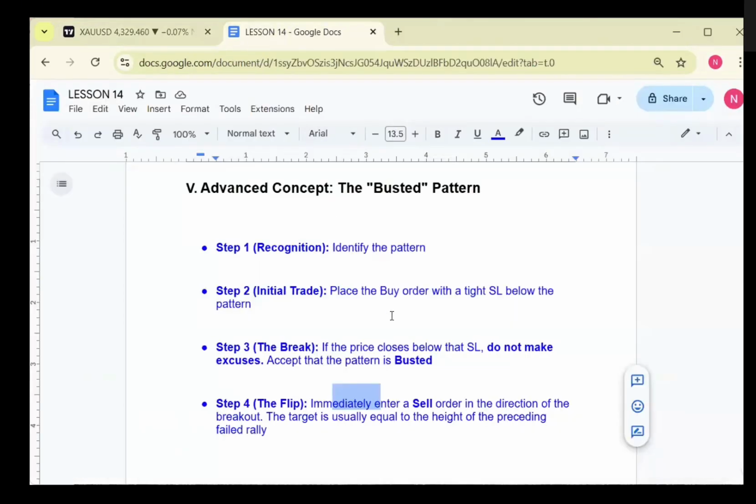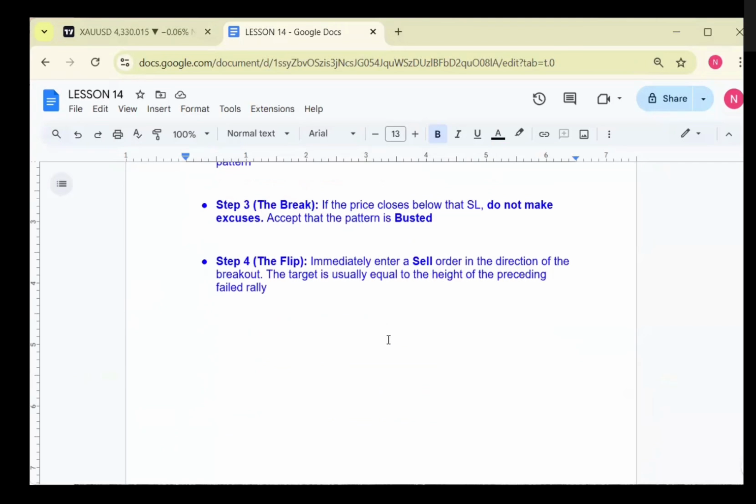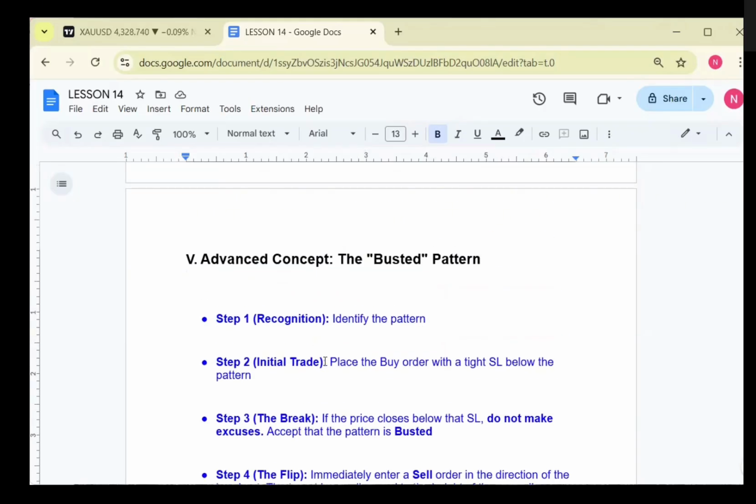Okay, so for the solution for the busted pattern, you need to be calm first. Calm down. Hit the stop loss, that's fine. We will follow the new direction of the market. Reverse to the correct direction that the market chose, because that's the busted pattern.